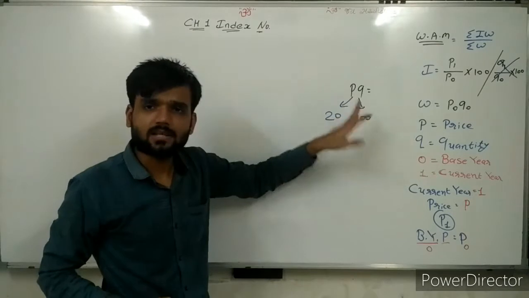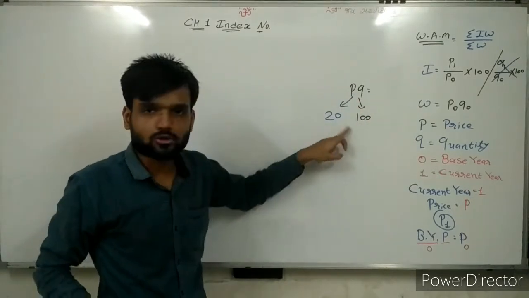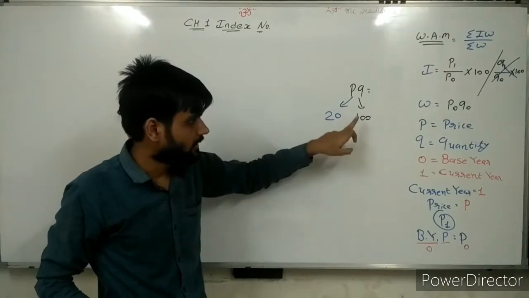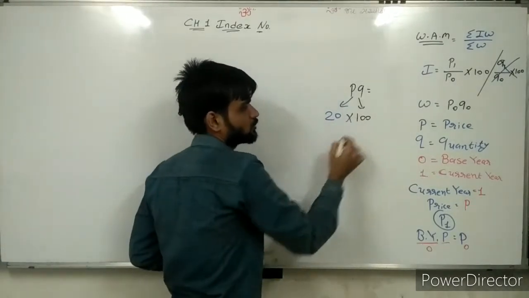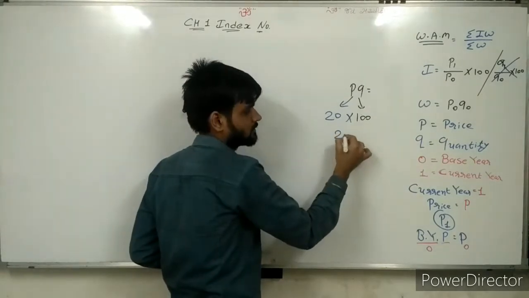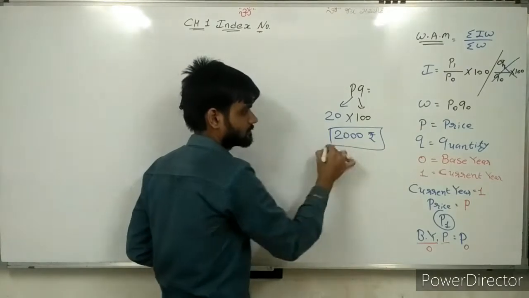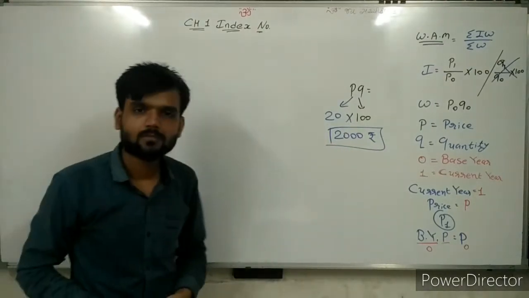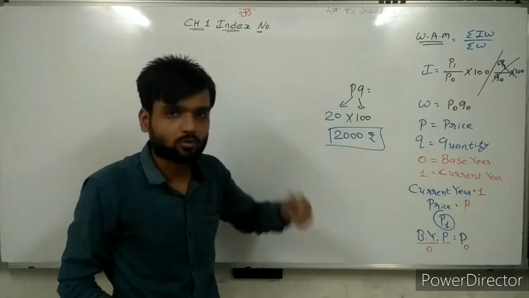So quantity purchased is 100. Now P into Q. Multiply both. This is the price, this is the quantity. So the multiplication of these two is 2000 rupees. So P into Q is 2000 rupees.